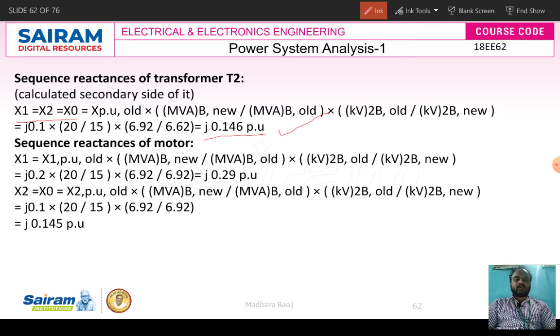So this is the new reactance value of transformer 2. For the motor, x1 is j0.29 per unit and x2 is equal to j0.145 per unit. These are the values we got for the motor.